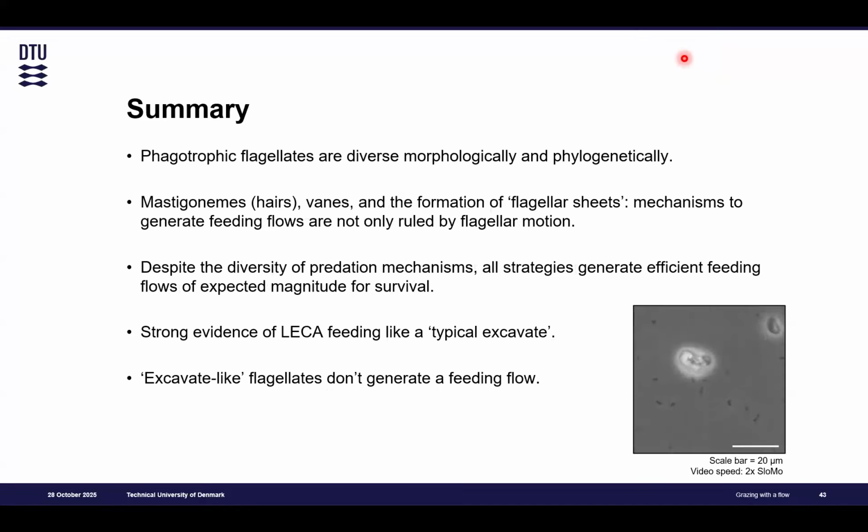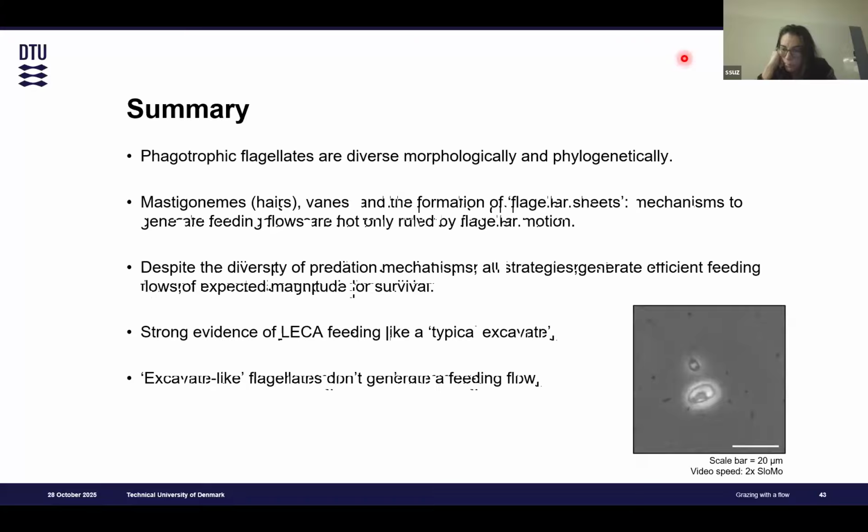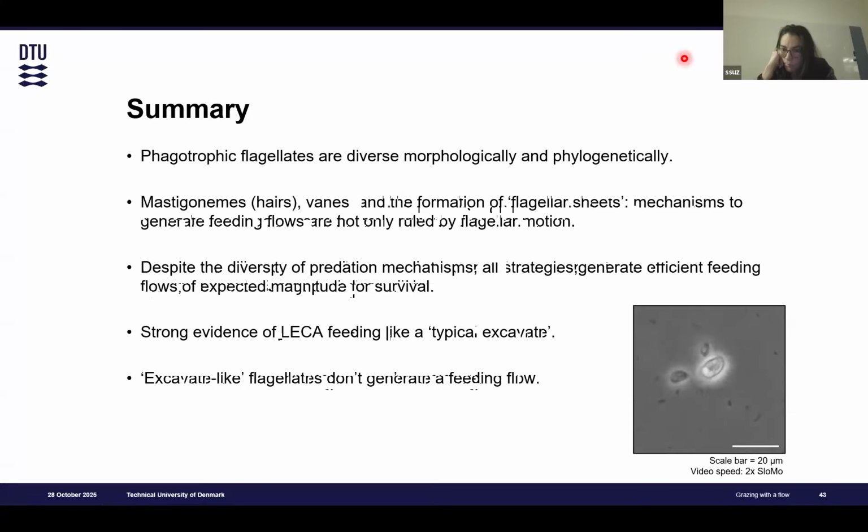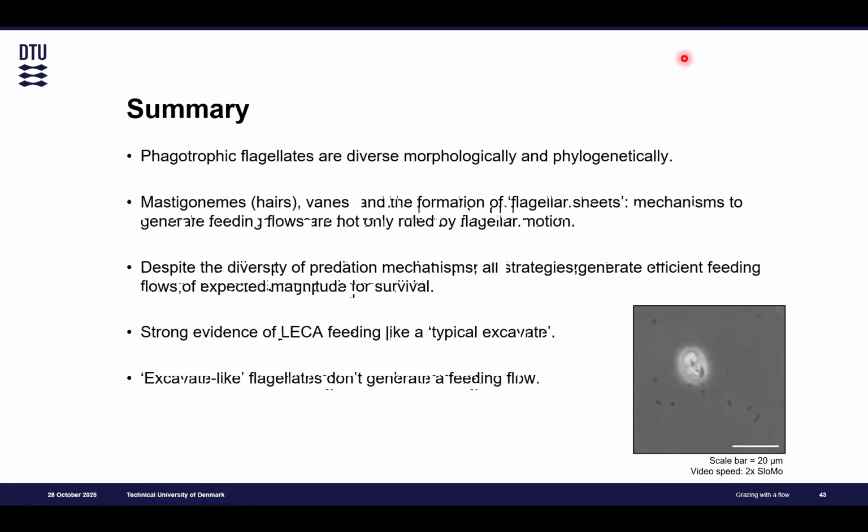I was wondering about what you mentioned at the end of the talk, that flagella can fulfill different functions, not just feeding, but also locomotion and mechanosensing, no? So I'm guessing that the species with which you have worked are mostly sessile, or they don't move too much. But I was wondering if they can also use the flagella for moving.